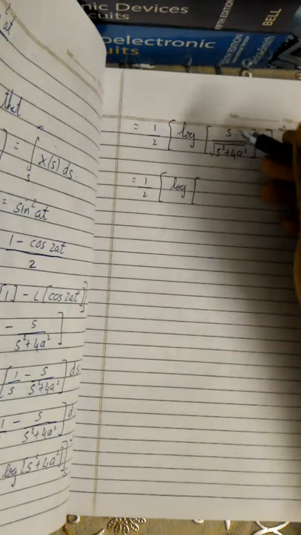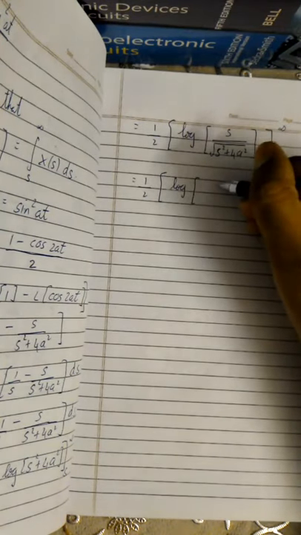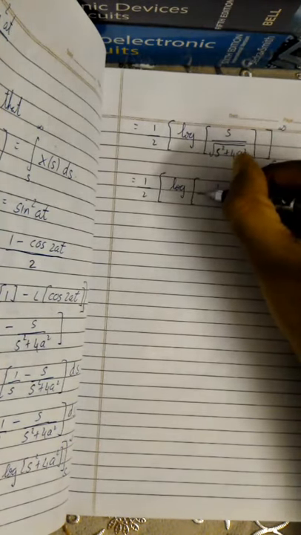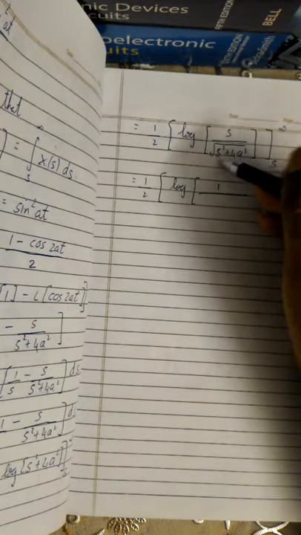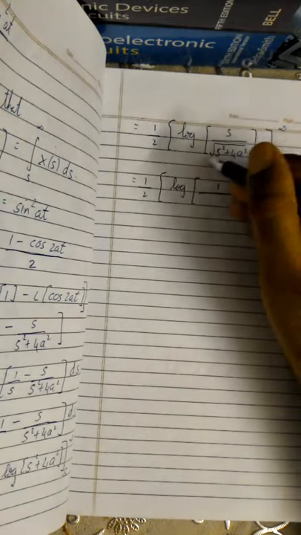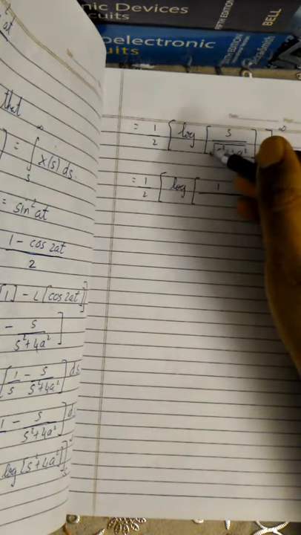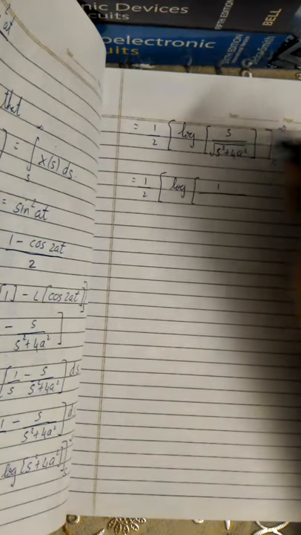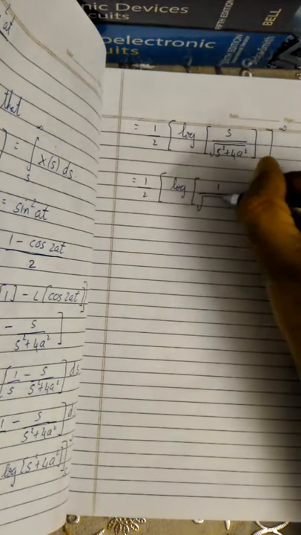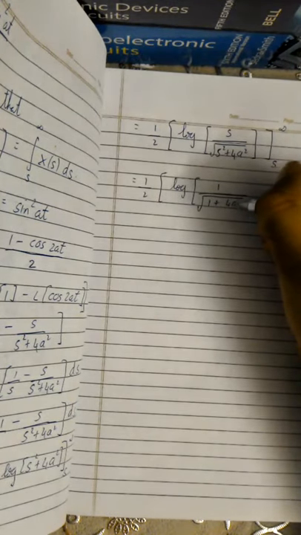If I divide the numerator by s, it becomes 1, and dividing the denominator by s, inside the square root it will be dividing by s², so it will be 1 plus 4a²/s².